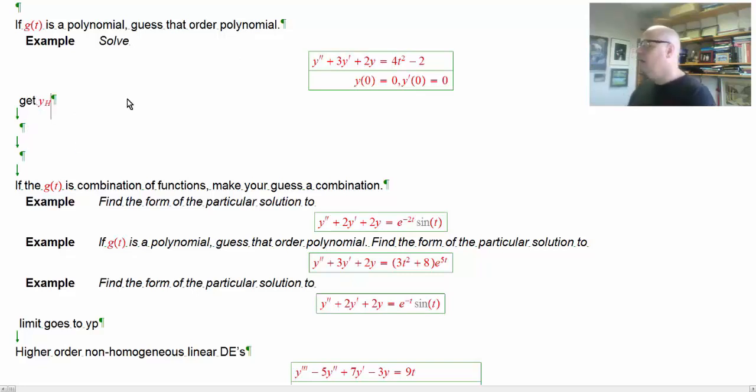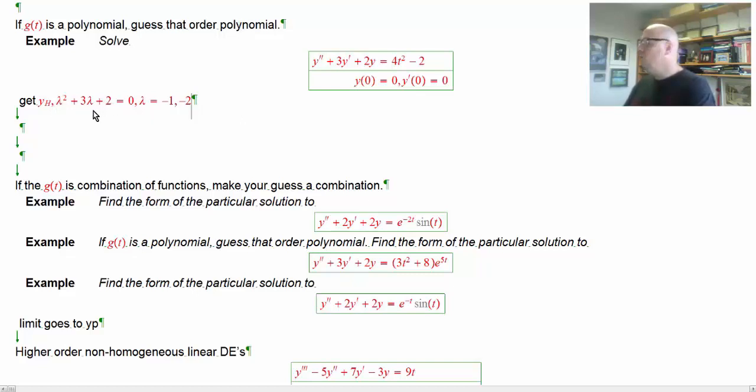I need my auxiliary equation, which would be lambda squared plus 3 lambda plus 2. Factoring that and solving for lambda, I get lambda equals minus 1 and minus 2, both negative real part, but I knew that because all of the coefficients are positive.